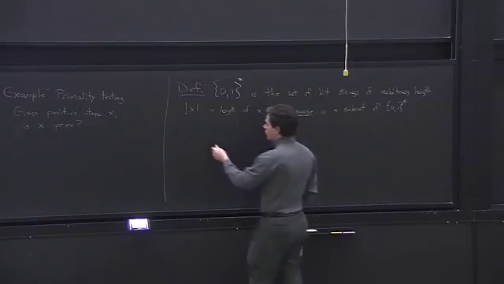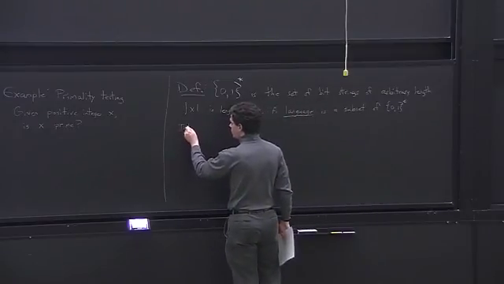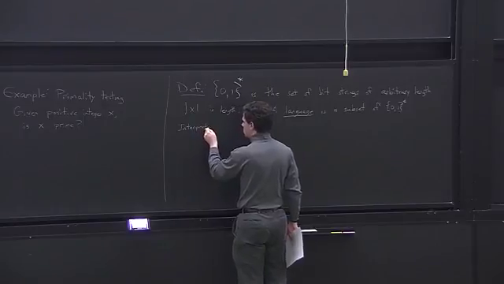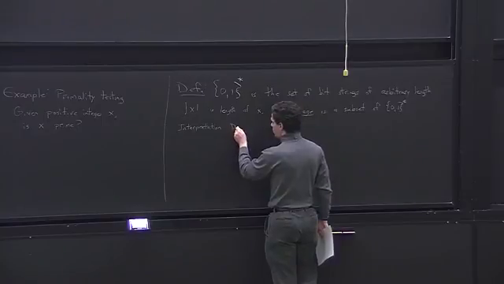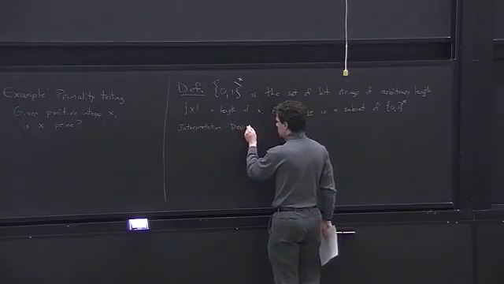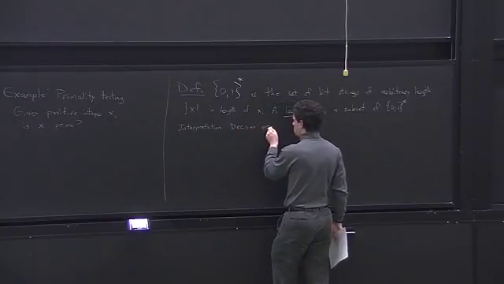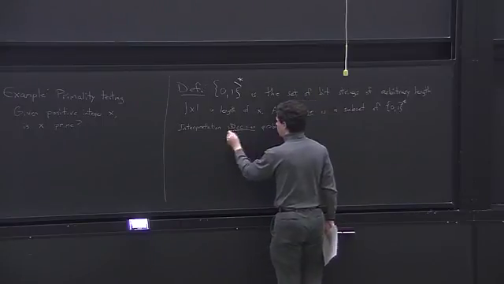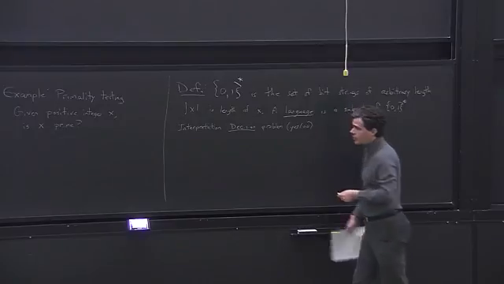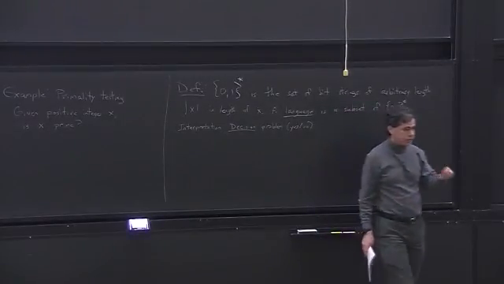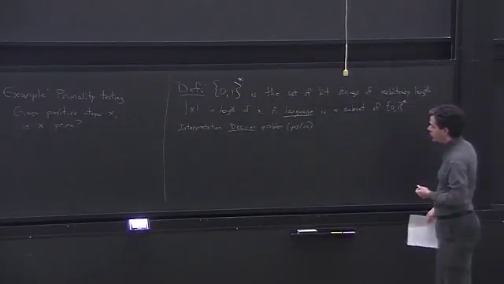Well, the interpretation here is that we're talking about a decision problem, which is a yes-no problem. So we're asking a question like primality testing that has an answer yes or no for various kinds of inputs.